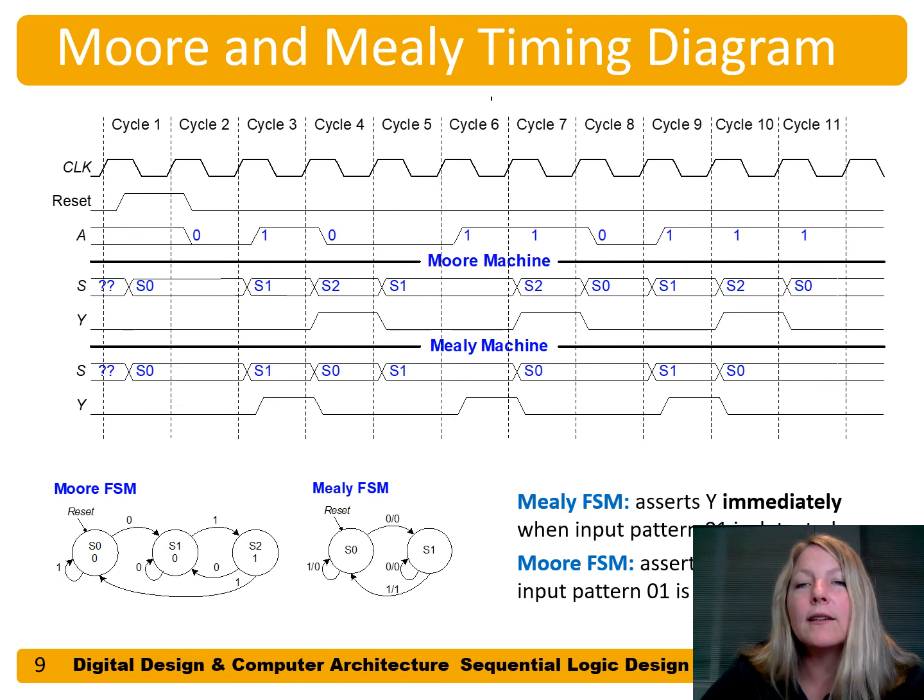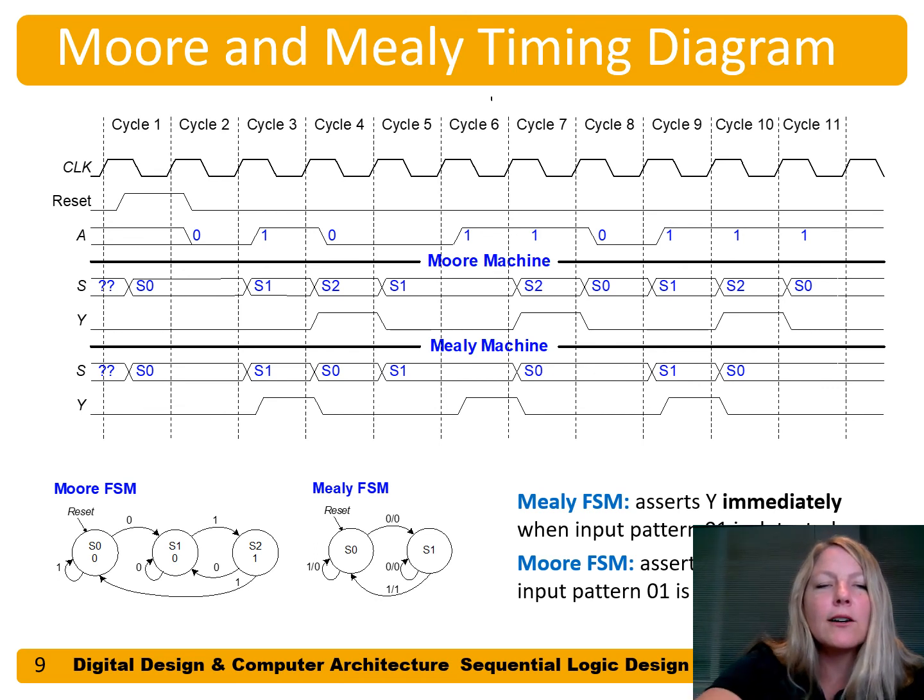So if we look at the timing diagram for the Mealy and Moore FSM, here's our input A changing from 0, 1, etc. And so here we see a pattern. Our Moore FSM on the top here goes from S0, and once it detects that 0, it goes to S1 at the next clock edge.